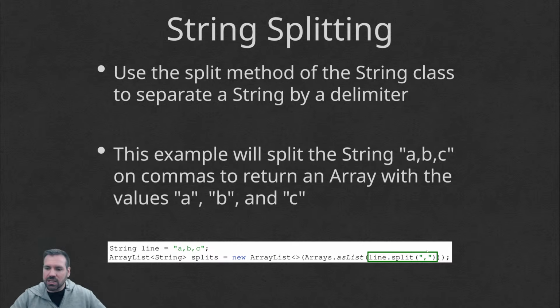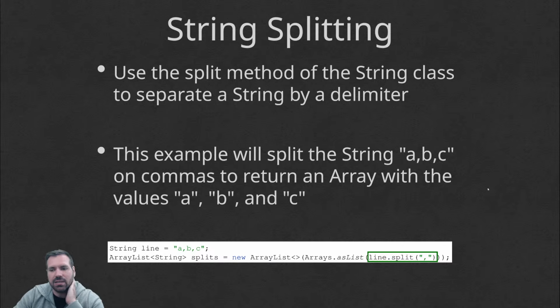So line.split on comma, on A, comma, B, comma, C is going to return a data structure with the values A, B, and C, and the commas are completely removed from the final output. So that's what we get from line.split.